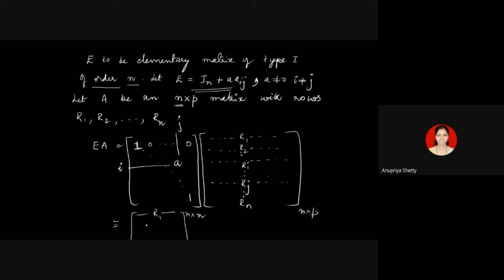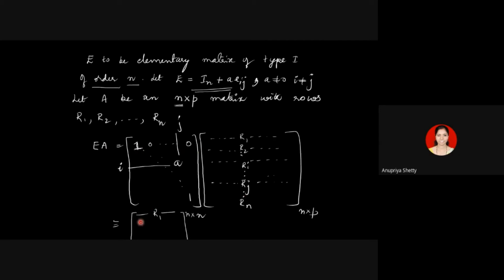How do I get the second row of the product? To get the second row of the product, I have to multiply the second row of E with each of the columns.